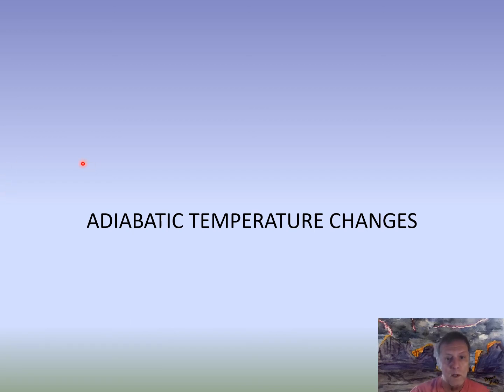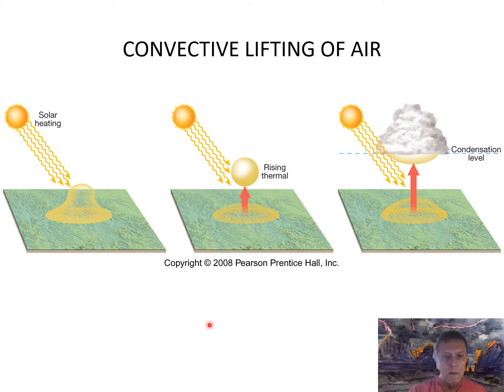Here's an important concept when it comes to understanding the cooling and heating of air through rising or sinking parcels and water vapor and so forth. So air rises when it gets heated up. The sun heats the ground.